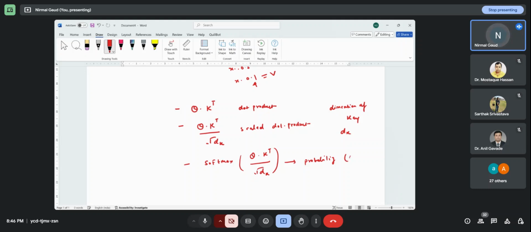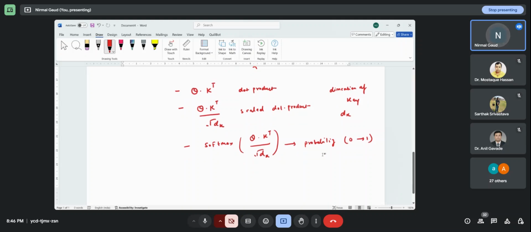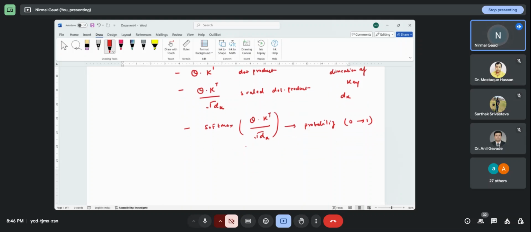Probability lies between 0 and 1, you know it. Whatever result you get from here, you perform the dot product of it. Let me rewrite this: softmax of Q dot K transpose over square root of dk, dot V. This will be your output.